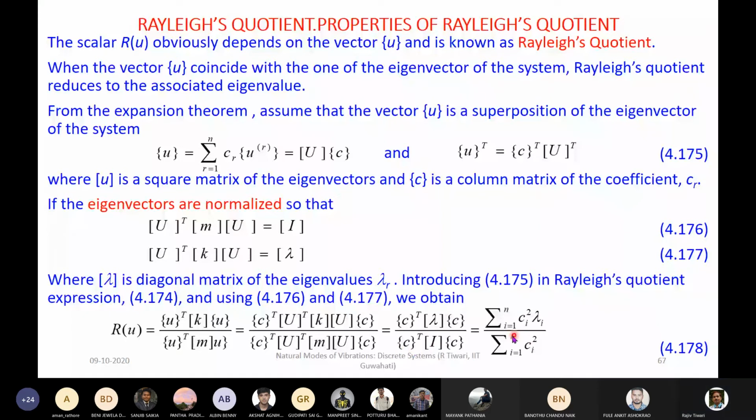In the numerator, because this is a diagonal matrix, apart from C1 square and C2 square, the lambda also comes: C1 square lambda 1 plus C2 square lambda 2. If you expand this, you get the summation form like this. The only difference is that lambda is present here and not there.